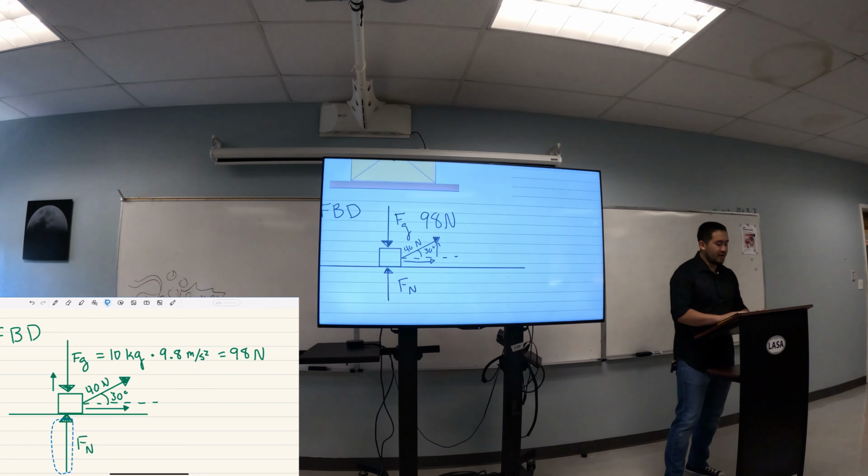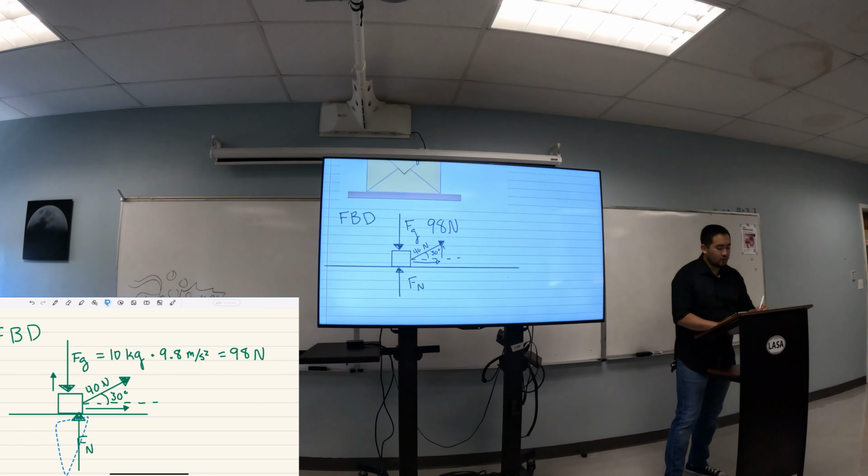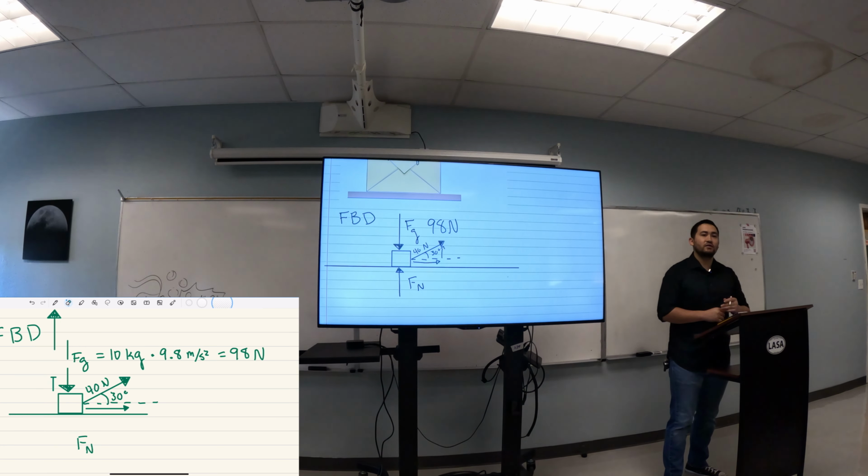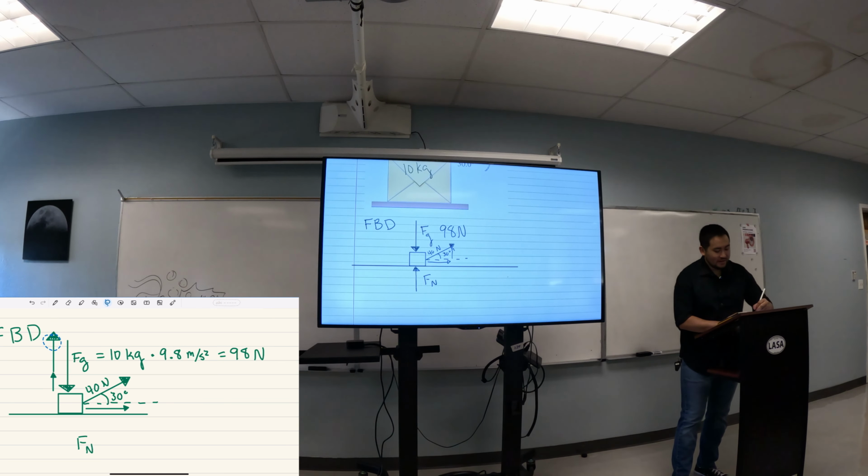So let's go ahead and try to find that net force. I noticed that that horizontal leg is adjacent to my angle of 30 degrees. Cosine? Yes, cosine. So let's call our applied force F sub P. If I want to find the horizontal component of that applied force, I'm going to label it F sub Px.